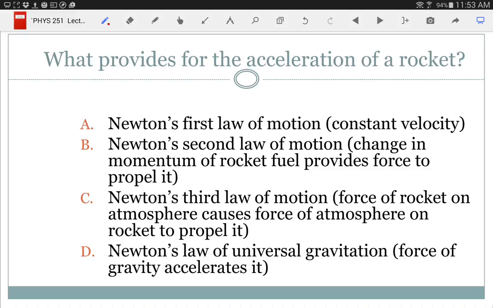That in order to have the rocket move away from something, it has to push off of something else. That is Newton's third law: for every action, there's an equal and opposite reaction. So for the rocket to have a force to make it go up, there must be something there for it to push off of.